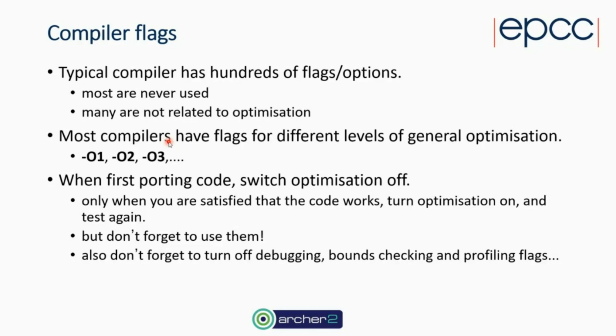The first answer is that some of the optimizations that a compiler can apply have the potential to break your code, particularly around floating point optimizations. As we discussed slightly earlier, the compiler can do things like take a floating point division and turn it into something else, or use a different algorithm to do a square root calculation.